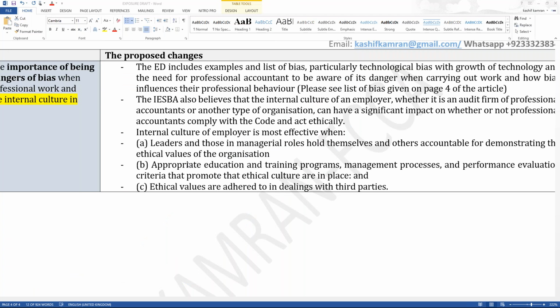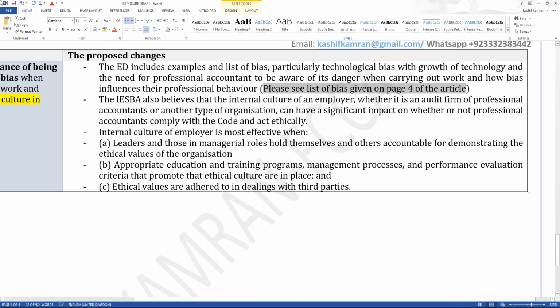The summary tells us about the first thing. The exposure draft includes examples and a list of bias, particularly the technological bias, with growth of technology and the need for professional accountants to be aware of its danger when carrying out the work, which we discussed yesterday. Please see the list of bias given on page 4 of the article. So that's one.